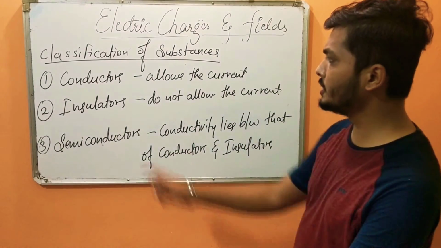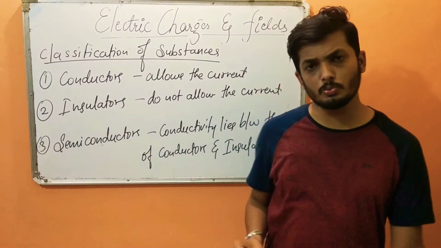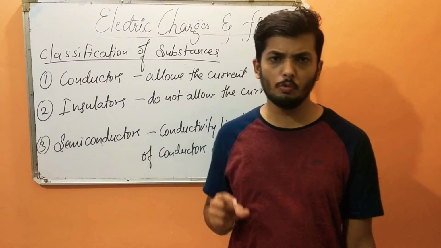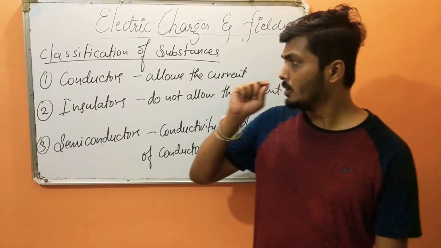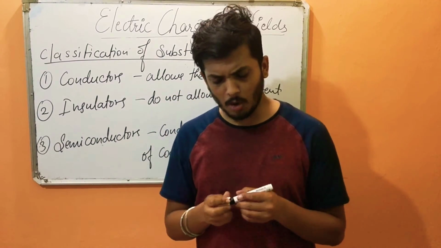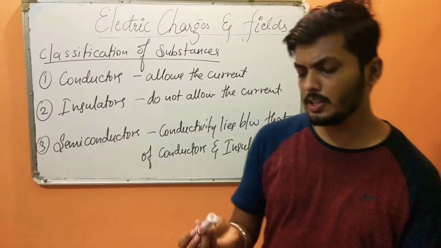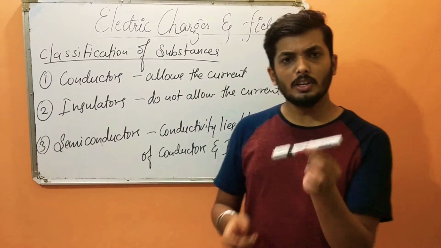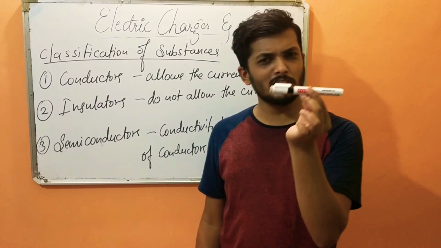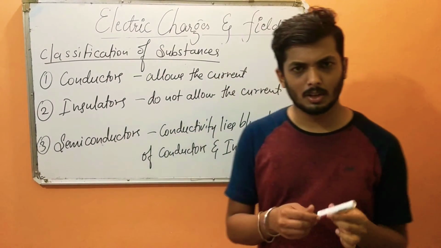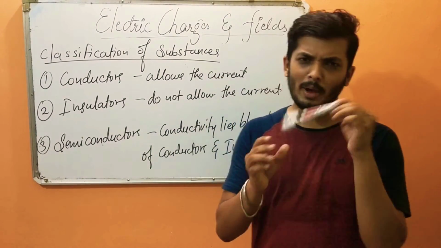Now let us study one by one. Conductors are those materials which allow the current to flow through them. Now which are these conductors? Take the example of this marker pen. Is this a conductor, an insulator or a semiconductor? This is matter itself, right?